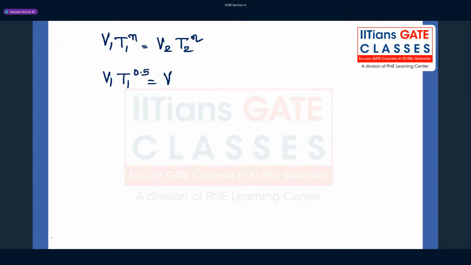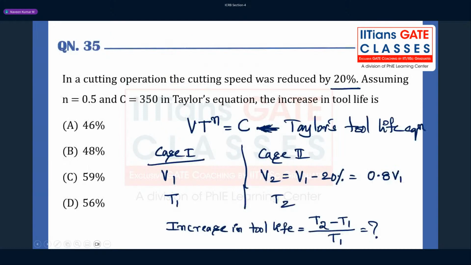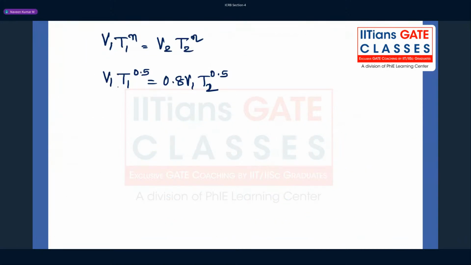V2 is 0.8 V1, the reduced velocity. They have given the C value, but there is no need for it. Here V1 gets cancelled, and T1 by T2 to the power 0.5 is equal to 0.8.